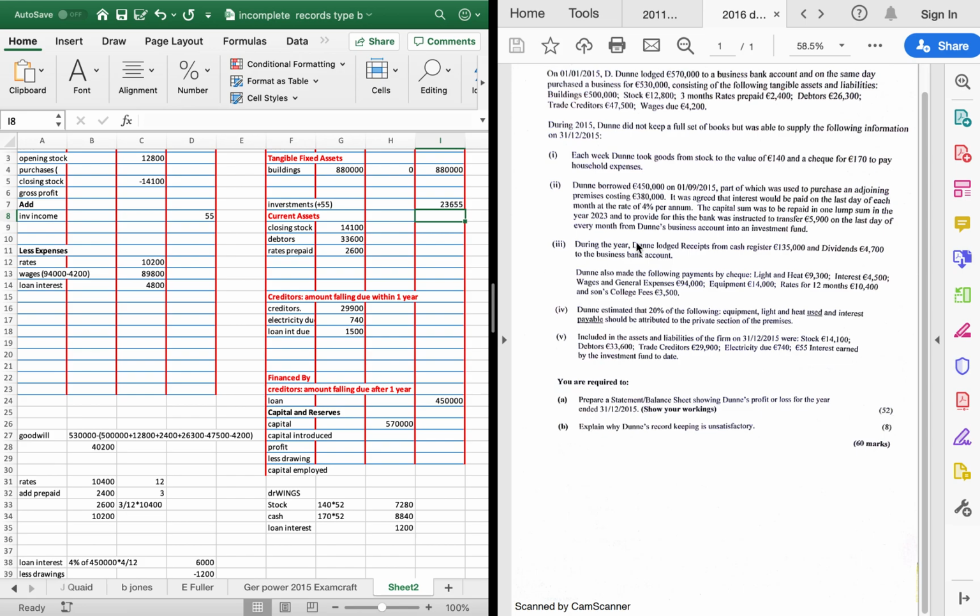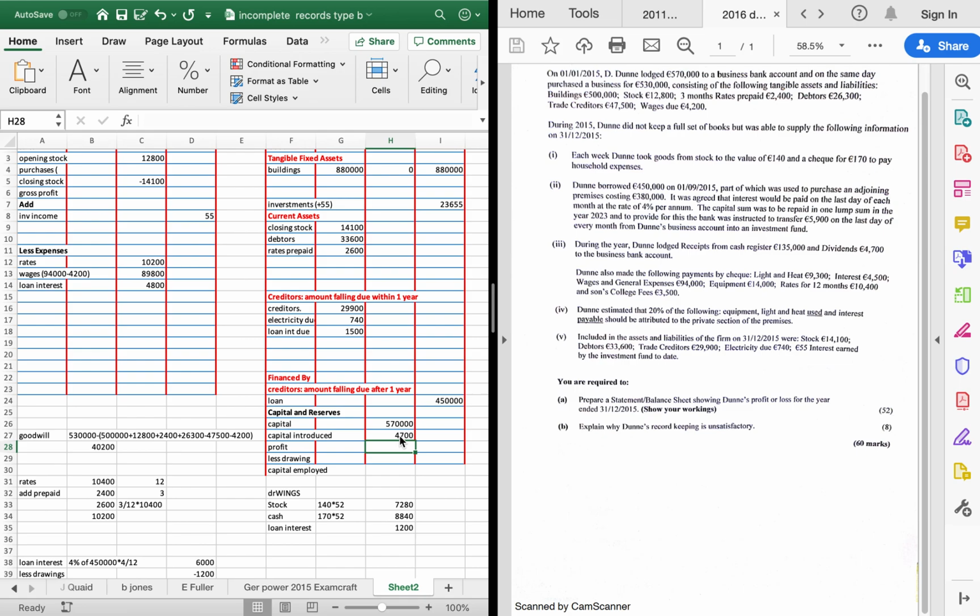So I'm going to come back to that at the end, because that's new, and I might have to have a little bit of a think about it myself. But anyway, lodges dividends of 4.7. That's capital introduced.